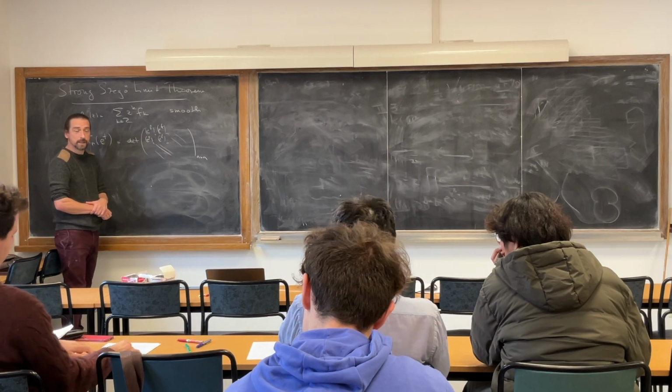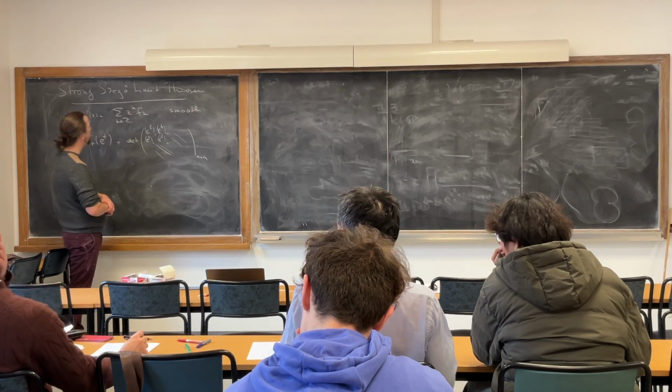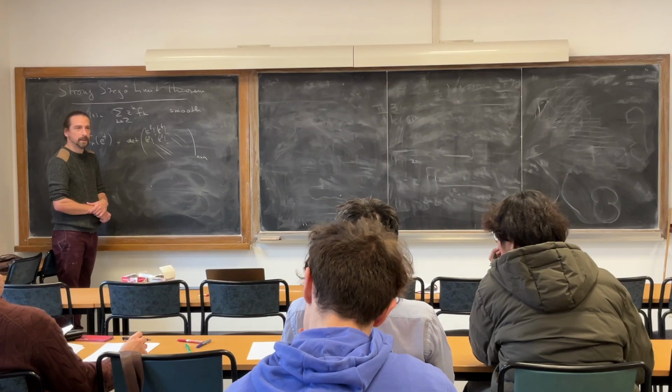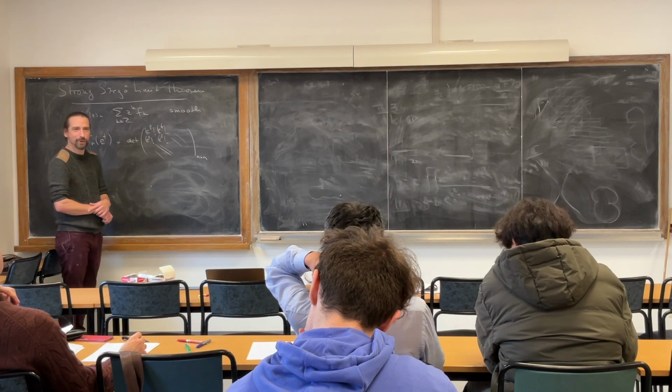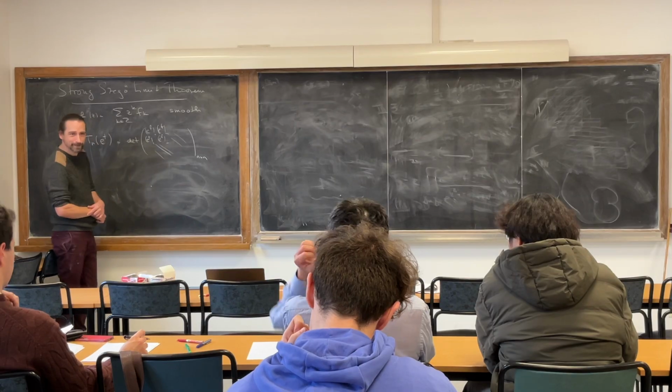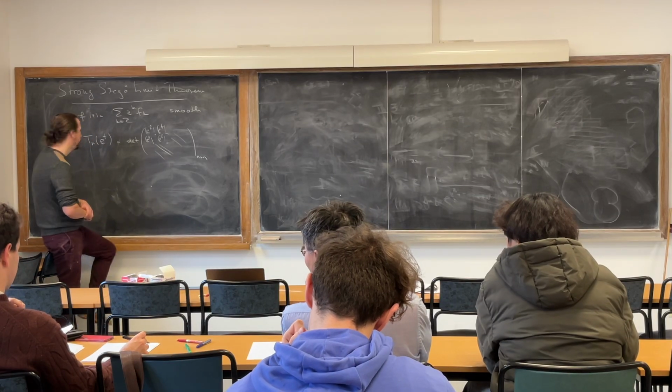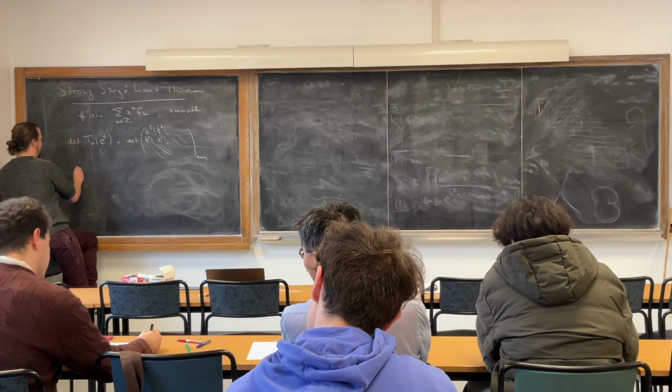Now there's a very nice theorem. There is the strong Szegő limit theorem, and there's the weak Szegő limit theorem. The strong one is really stronger than the weak, so I'll only talk about the strong Szegő limit theorem.